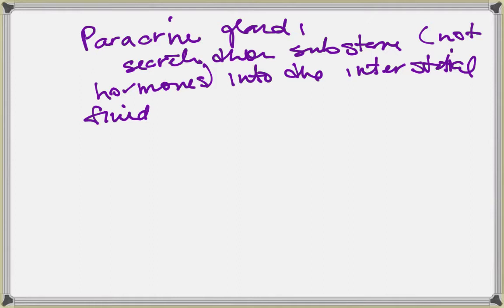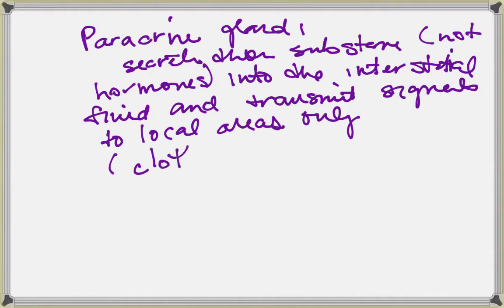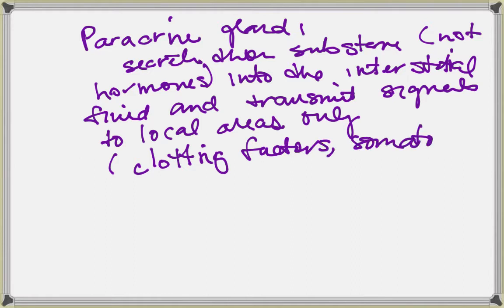And they transmit signals to local areas only. So examples of paracrine gland signaling: clotting factors get released this way. Somatostatins are released this way. Histamine. And prostaglandins.